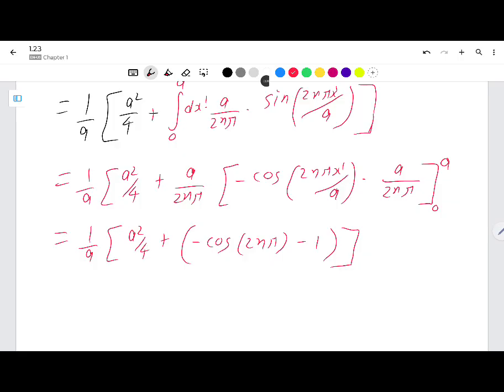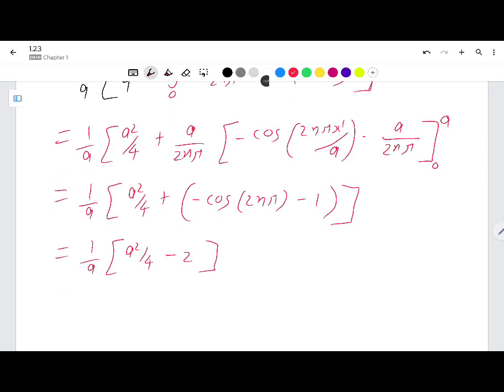So this will give us 2, and this will always be 2. A squared by 4 minus a.